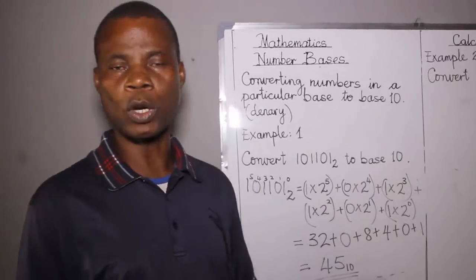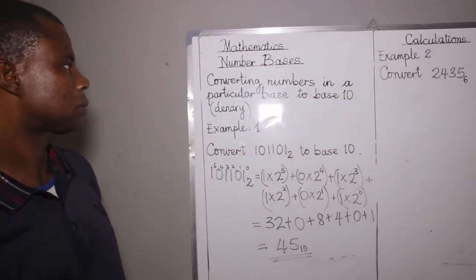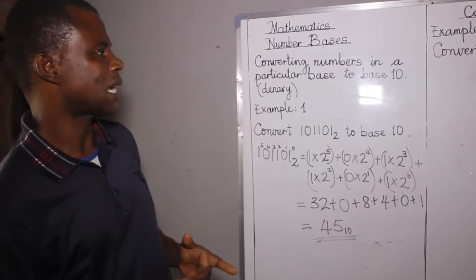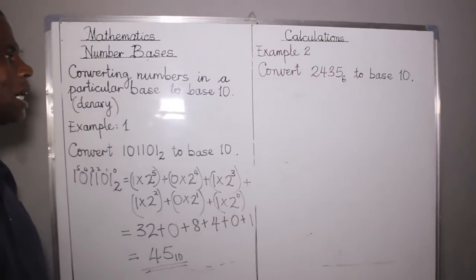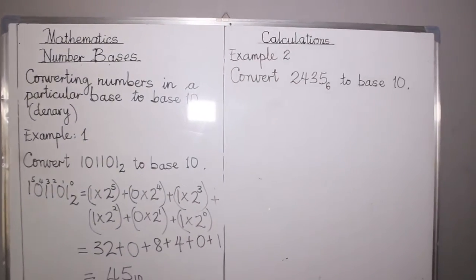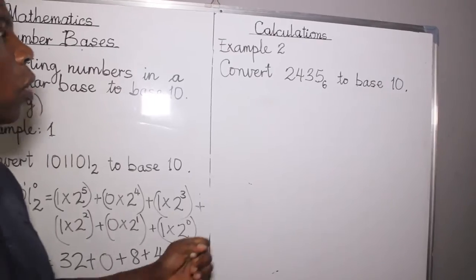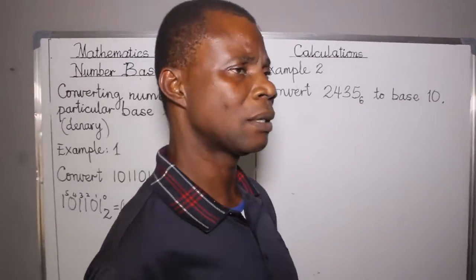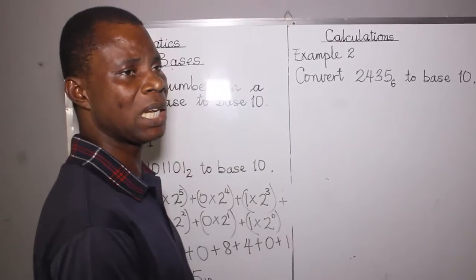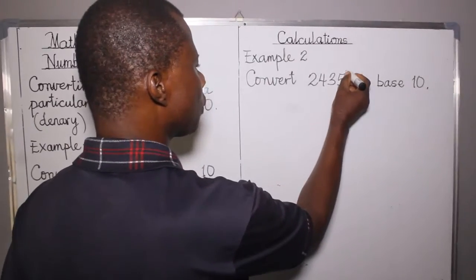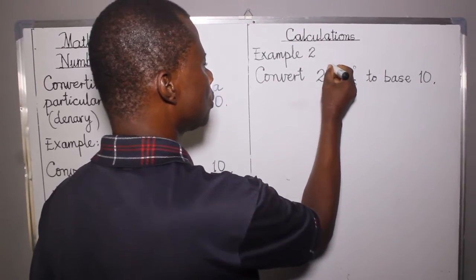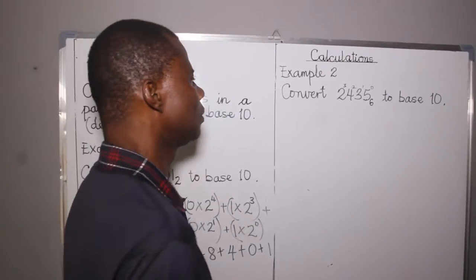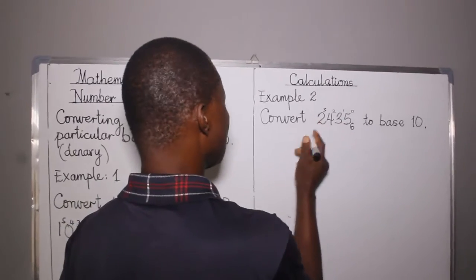Now quickly let's take a look at the second example. The question says convert 2,435 base 6 to base 10. What do we do? Same as we did in the first example. 0, 1, 2, 3. So now we have the figures. We start with the 2.